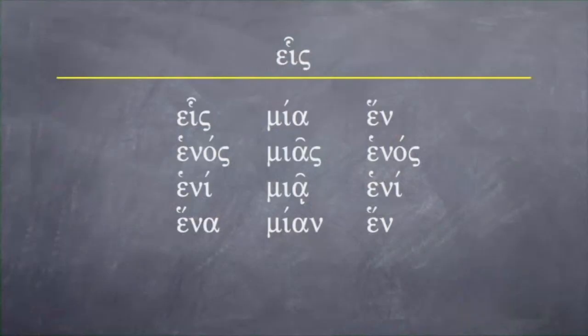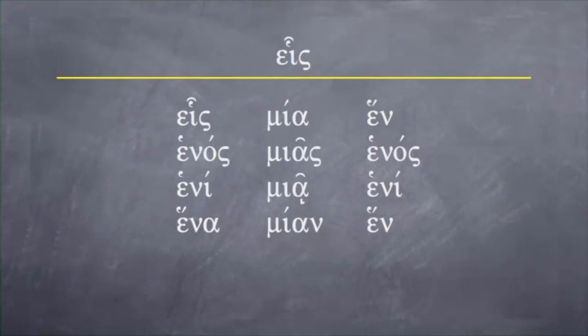But what happens is something called compensatory lengthening. What happens in Greek sometimes is if you lose something, the word compensates by doing something different. And in this case, the epsilon compensates by lengthening to the diphthong epsilon iota. So the nominative singular masculine form, the lexical form, is heis, and you're not going to be able to look at that and tell it comes from hen.